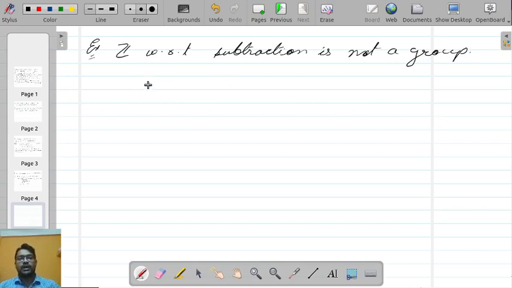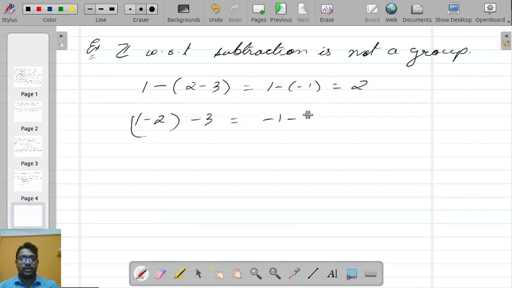Say the associative property: 1 minus 2 minus 3. 1 minus 2, that is minus 1, minus 3 is actually minus 4. But 1 minus (2 minus 3) is 1 minus minus 1, so that is actually 2. They are unequal, so Z is not associative with respect to subtraction.